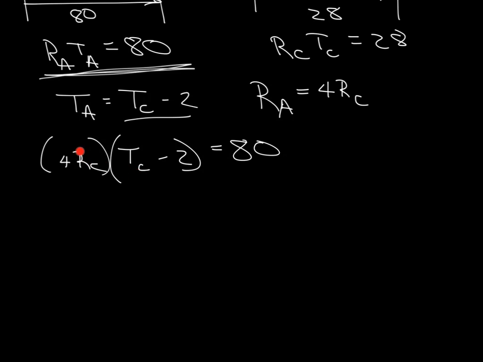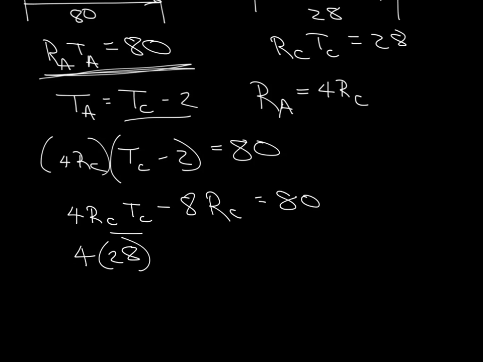Okay, and when I distribute, I'm going to get an RC TC, which up here is 28. So just that, looking ahead a little bit. RC TC is 28. And we just got rid of 2 variables. So now we're down to 1 variable there.